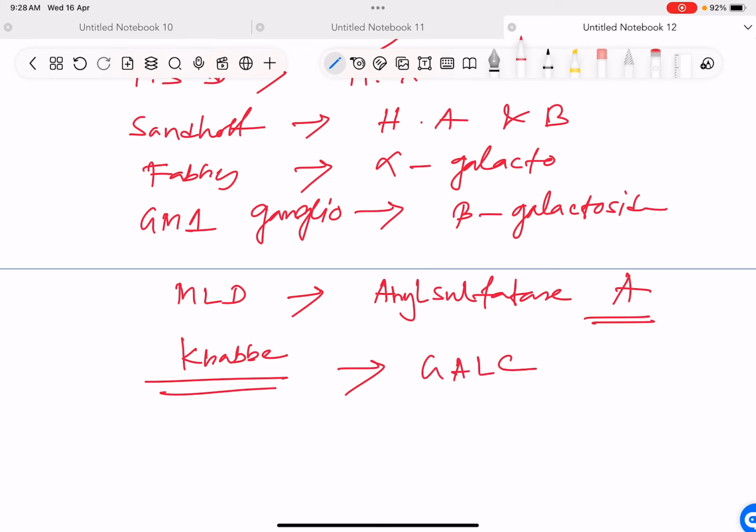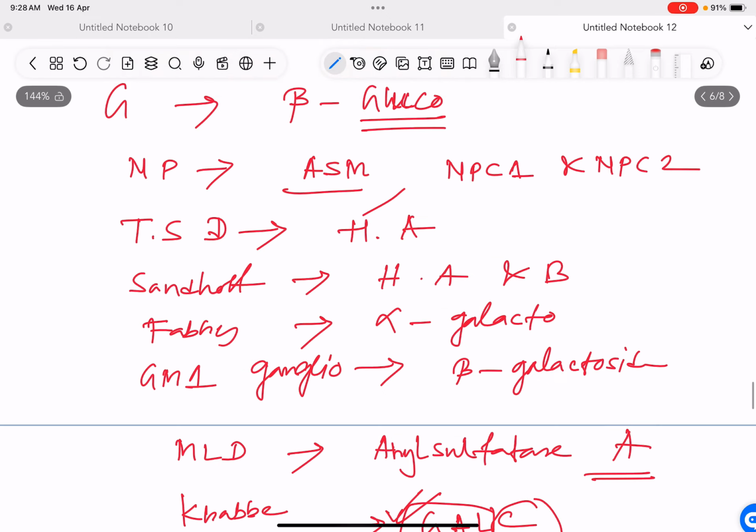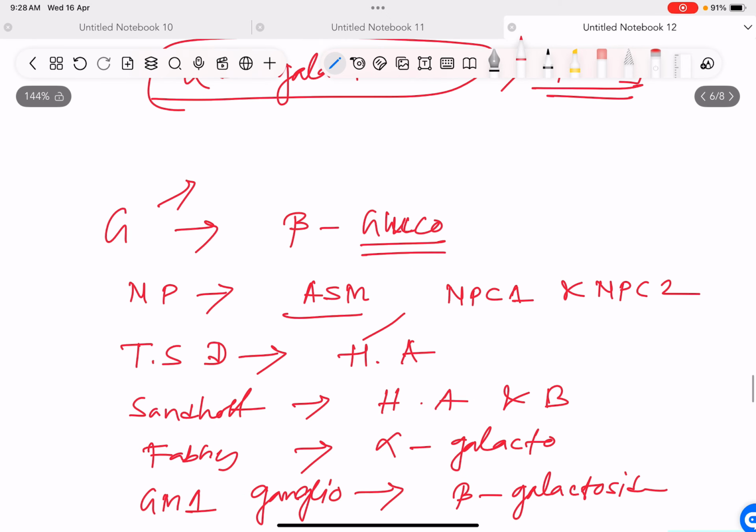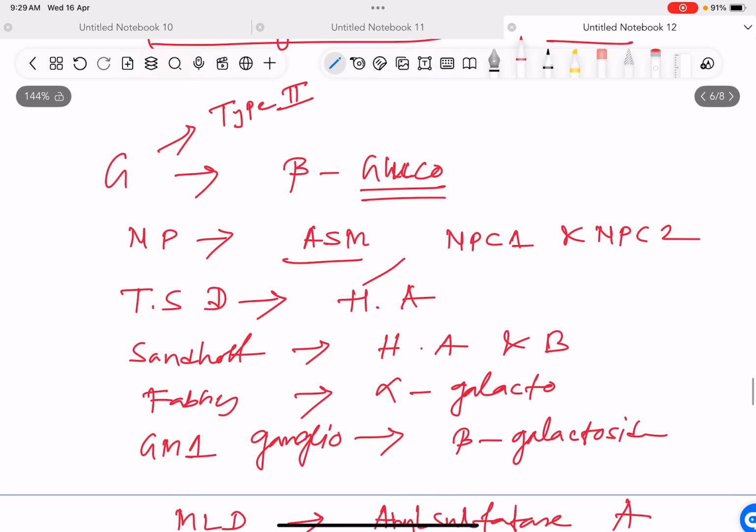What is the full form? Galactocerebrosidase, GALC. Accumulation of galactocerebroside in Krabbe's disease. This is also very lethal, like Gaucher disease type 2. Type 2 is lethal. Niemann-Pick disease type A is lethal within 2 years of age.